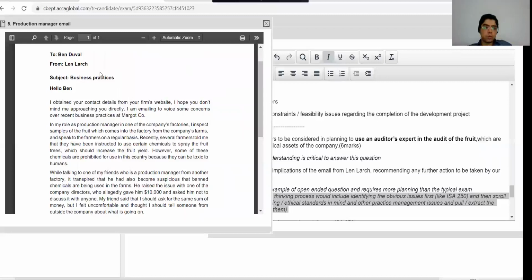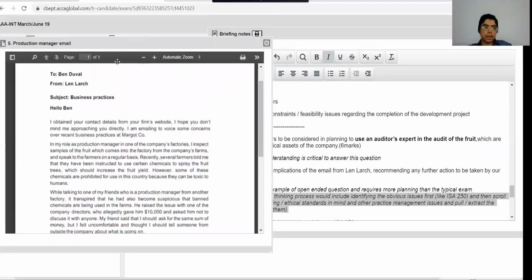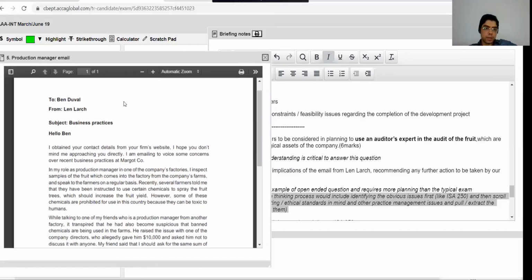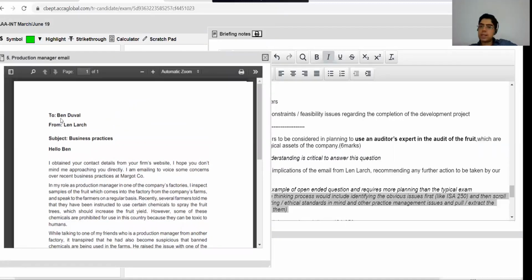If you go through this requirement, I can also highlight the relevant points, but Ben is the audit engagement partner, and Len Lark is the production manager who has sent an email to the engagement partner. Now this looks a bit fishy.